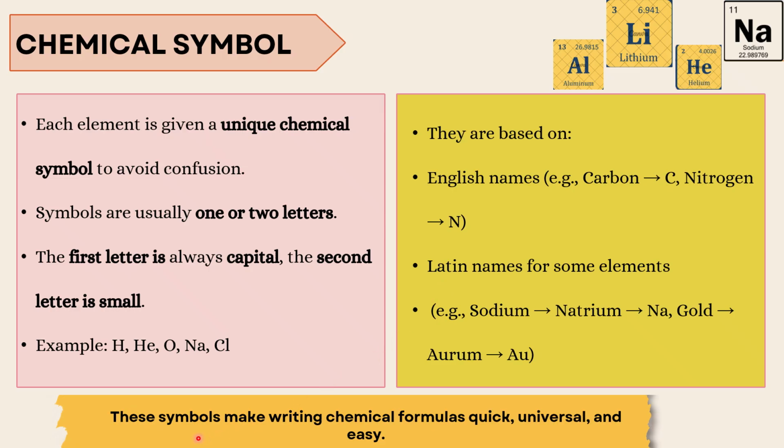We use these symbols because they help us write chemical formulas very easily, understand them, and get a lot of information from a chemical symbol. Next, it is universally accepted, and lastly, it is the easiest way to remember and identify these elements.